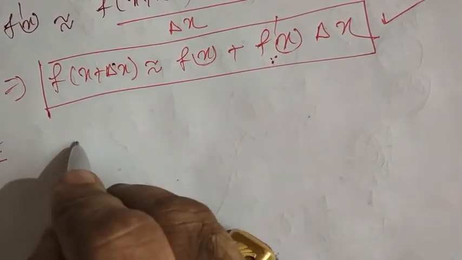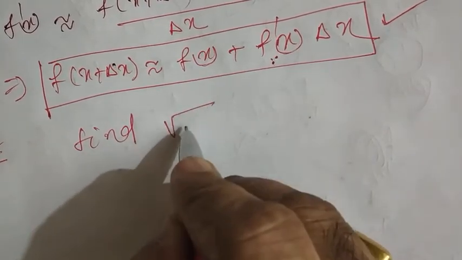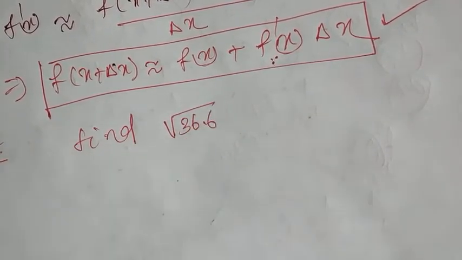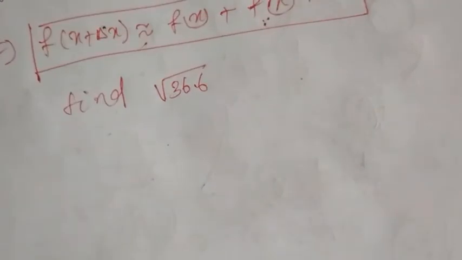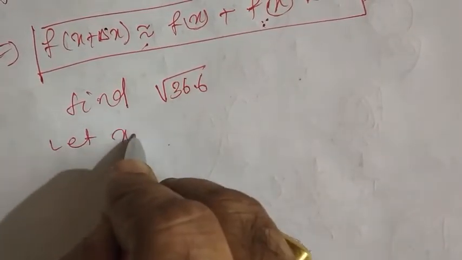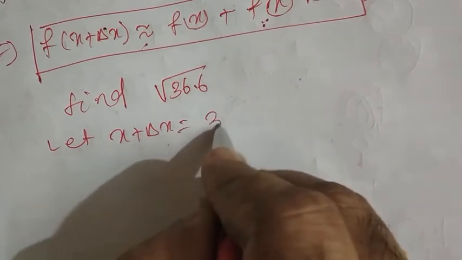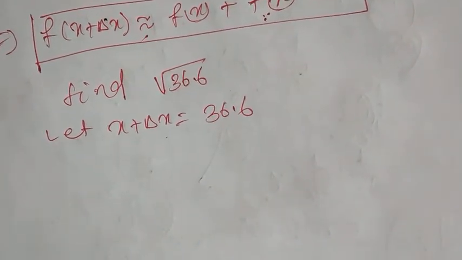Say, find the root of 36.6, approximate value, not exact value. Now let me take x plus delta x as 36.6. Getting the idea?